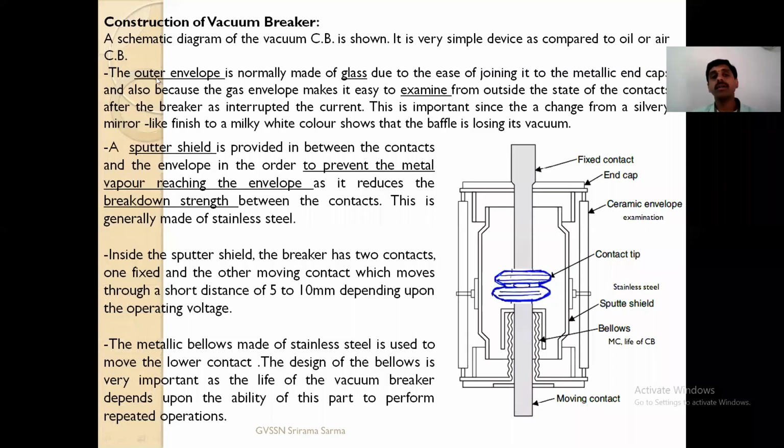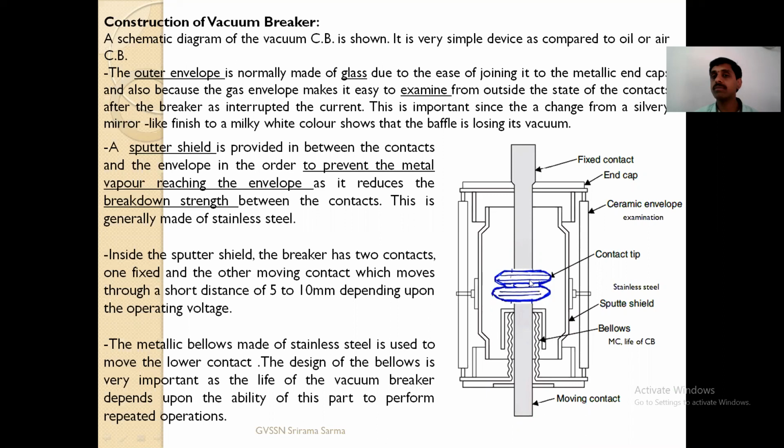Okay, let us see. The outer envelope is normally made of glass. Why is it made of glass? Due to ease of joining it to the metallic end caps, and also because the glass envelope makes it easy to examine from the outside the state of contacts after the breaker has interrupted the current.